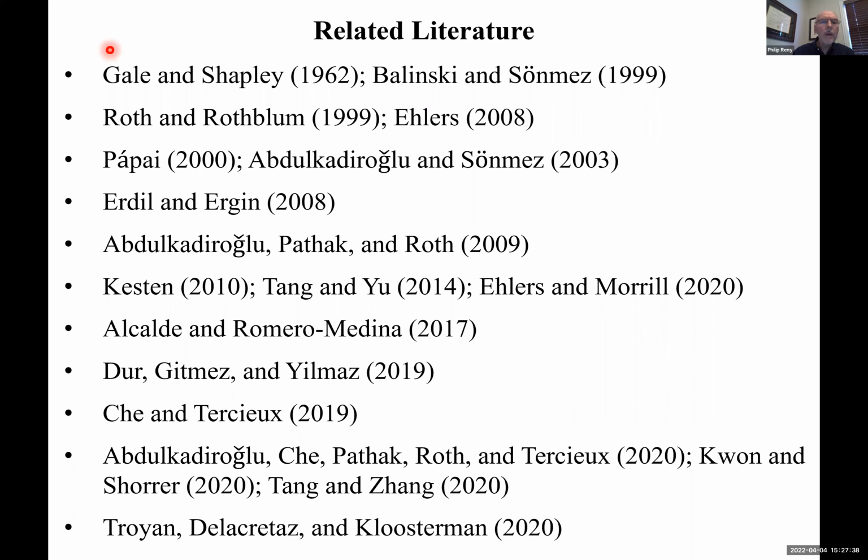Okay. So there's a huge literature, of course, on stable matching and the school choice problem. There is a sub-literature on the issue of Pareto efficiency, including issues of constrained Pareto efficiency within the set of stable matchings.